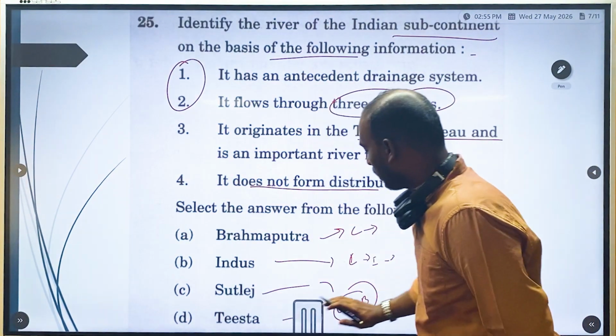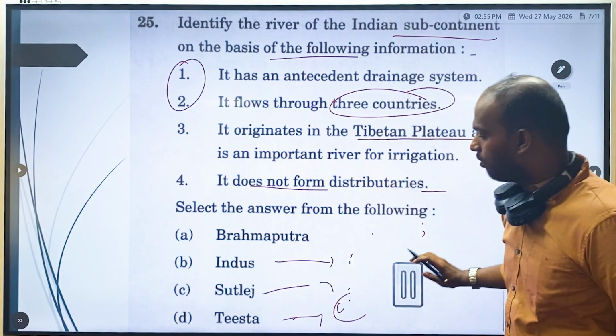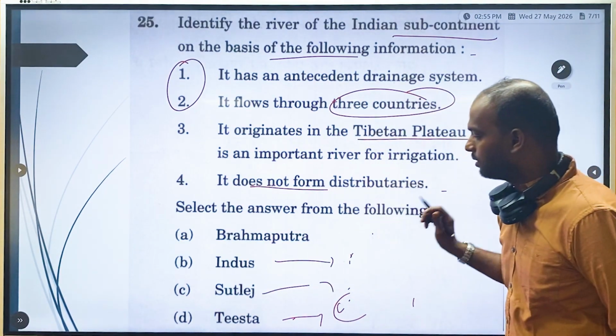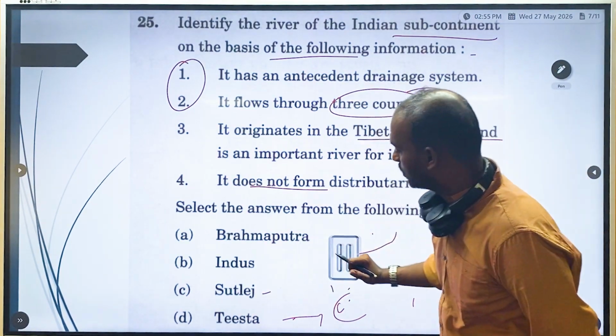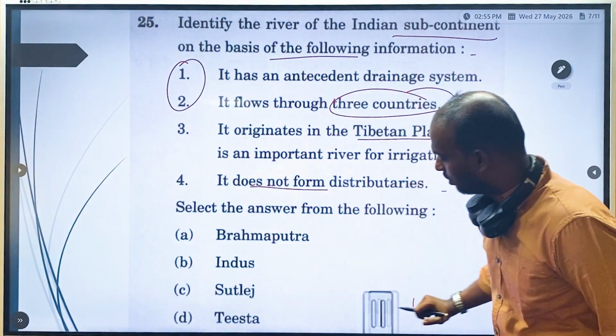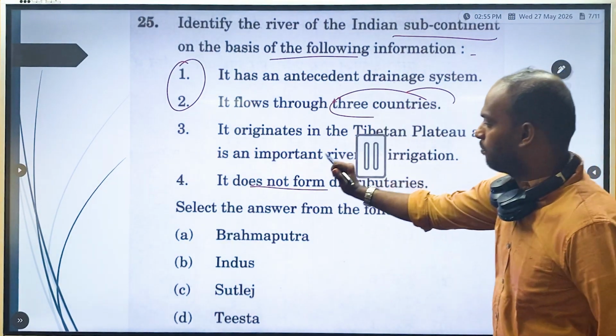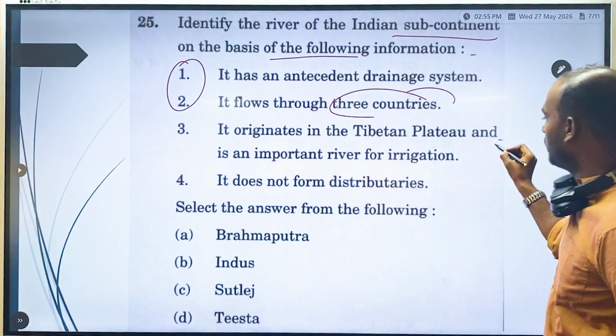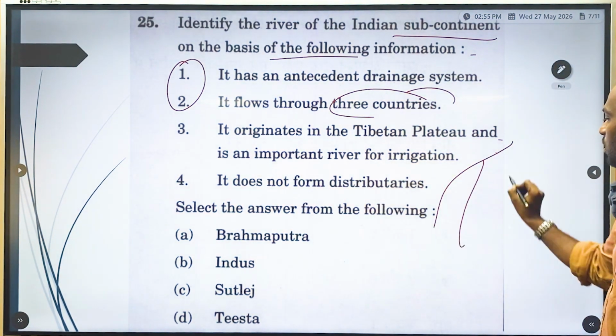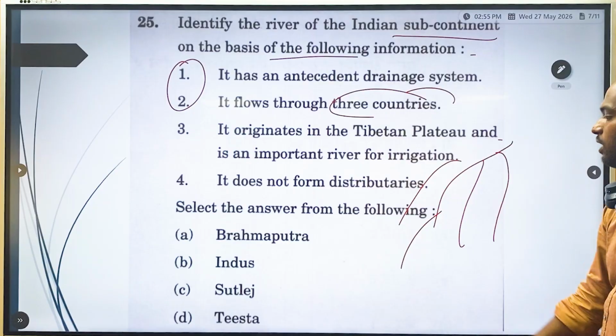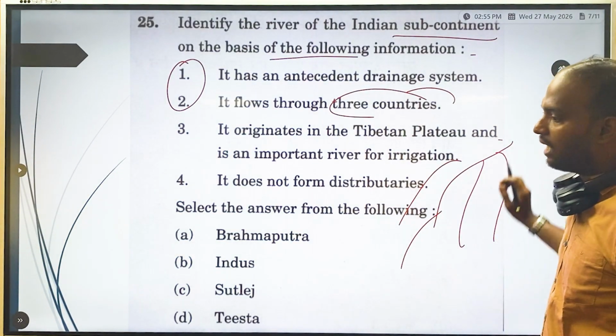It does not form distributaries. Okay, what is a distributary? When the river extends its branches to the other side from its own mother path, this is called distributaries.